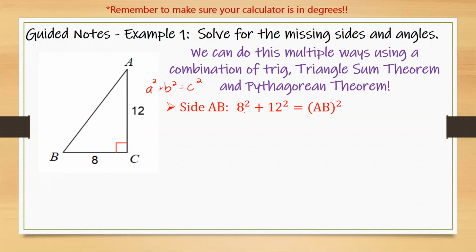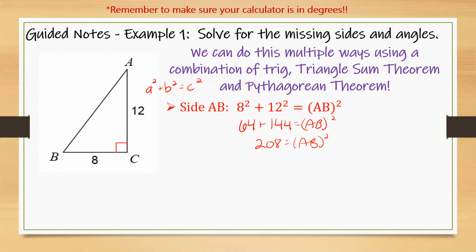So I'm going to write it like this: 8 squared plus 12 squared equals AB squared. I need to solve for AB. So I'm going to simplify this and say 64 plus 144 is equal to AB squared. I'm going to add 64 and 144, and that's going to give me 208 is equal to AB squared.